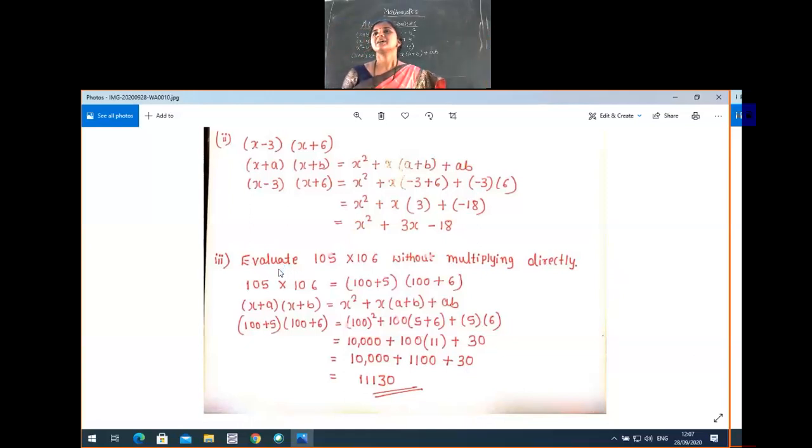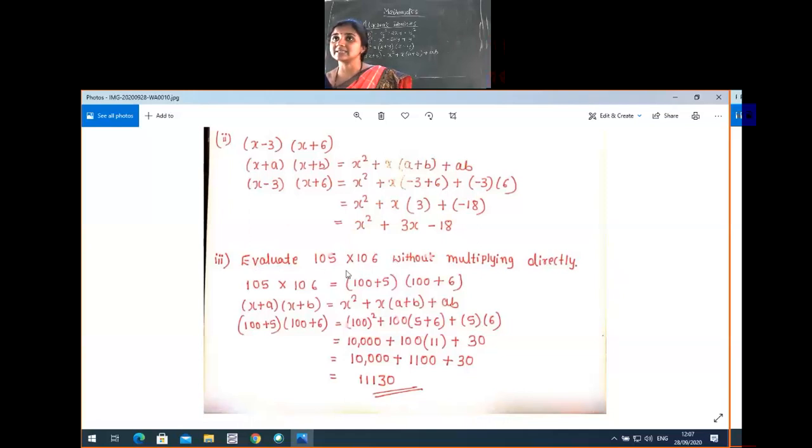Many students, every year in the annual examination, if we give this type of problem, 105 into 106 without multiplying directly, they will do the direct multiplication, so 11,130. But here they are asking to use an identity to find the product. So using identity we have to find the product.